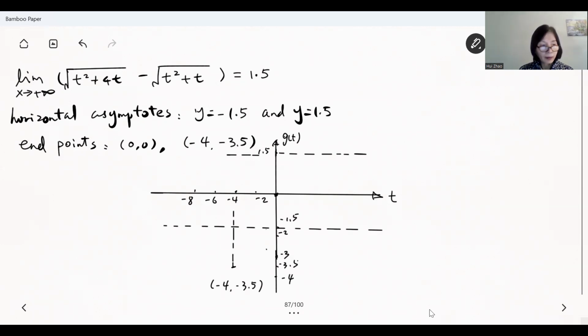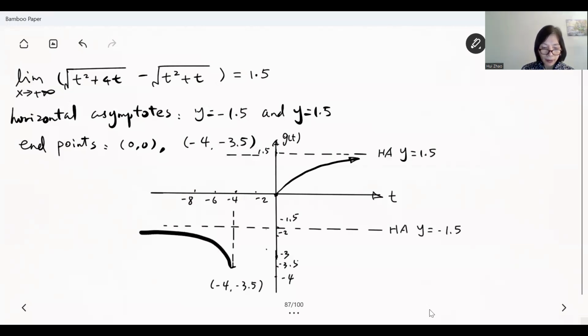And approach the HA y equals positive 1.5 on the right side. And the left side from that point (-4, -3.5) goes to the second HA, y equals -1.5, right? So approach like that.